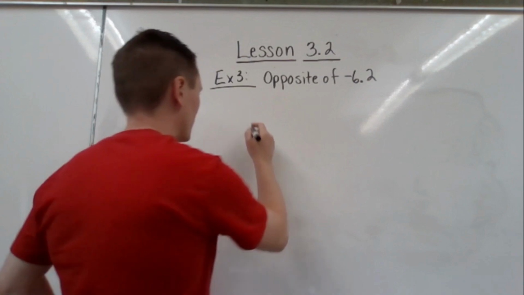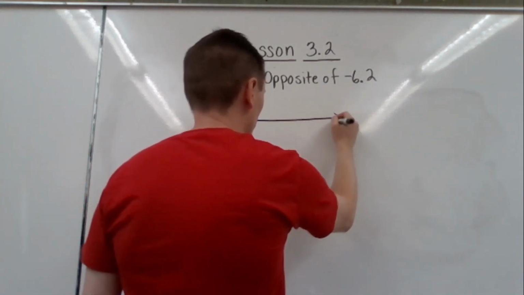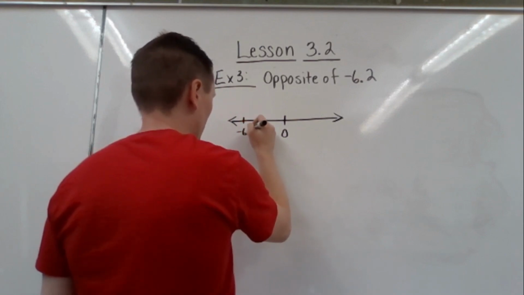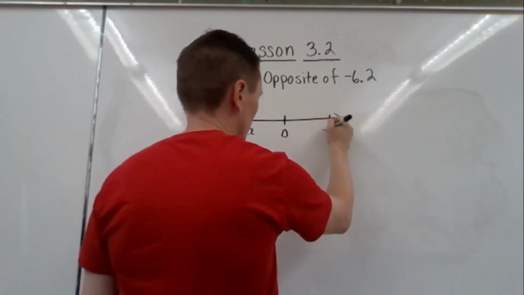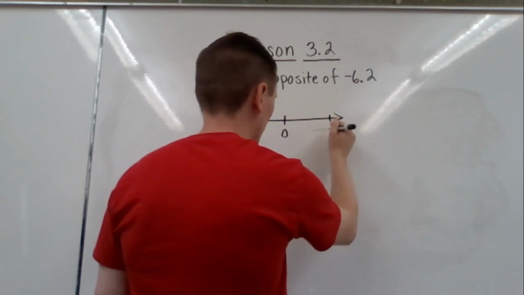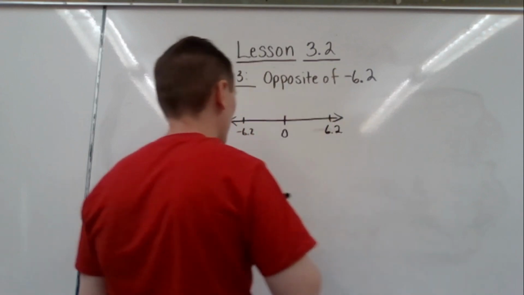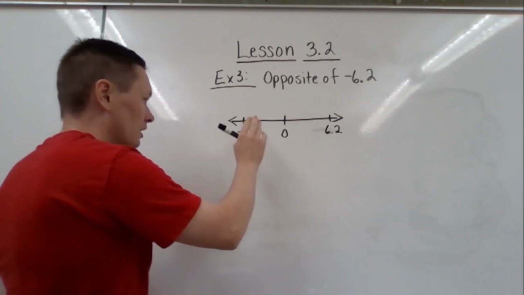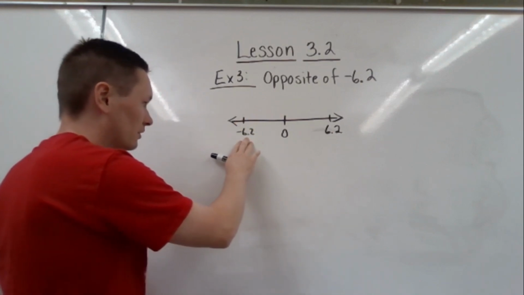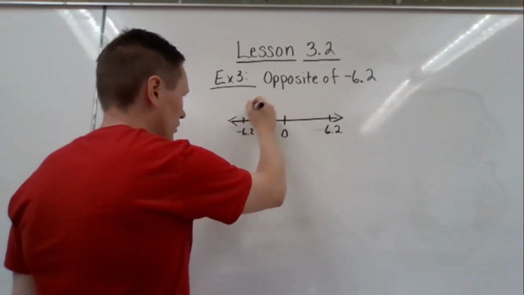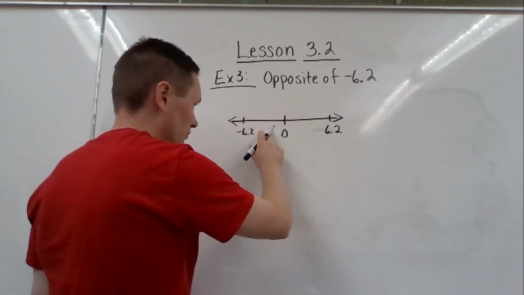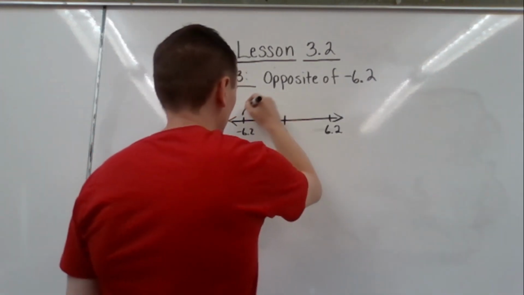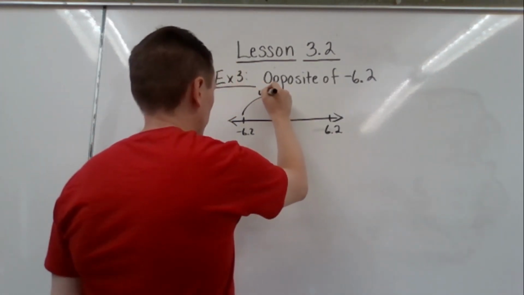If I were to look at a number line, let's make this real simple. We have 0 here, negative 6.2 here. The same distance, so to get to 0, I'd have to jump 6.2.